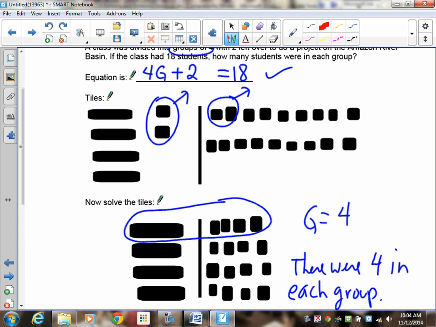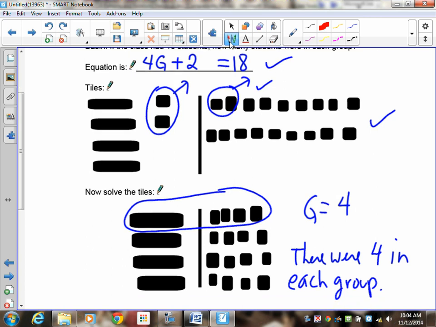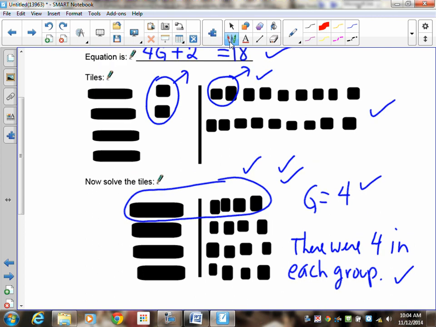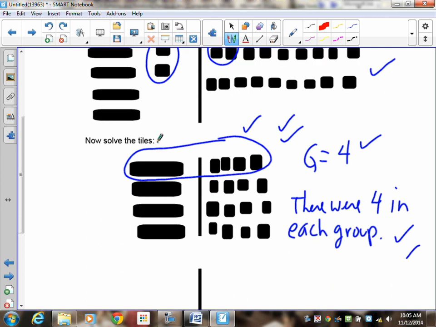Draw the tiles. Take away 2 from each side. Draw what's left, which would be the redrawing, and then group it. So there's your 2 marks. Circle your solution. Tell me what it means. Put it in a sentence. So in this case, you've got 8 marks: 6 for the actual tiles, 1 for the equation, and 1 for the sentence.